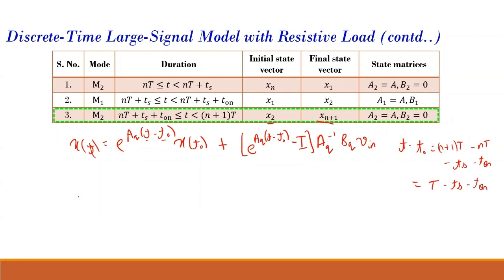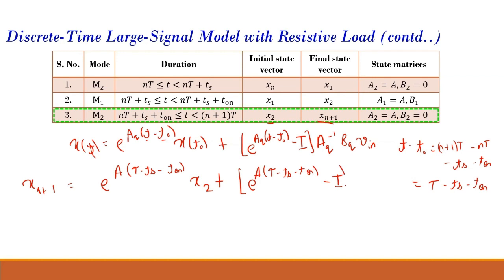So when I substitute the values, we get x of n plus 1 is equal to e raised to A into (t minus ts minus t_on) into x2 plus e raised to A (t minus ts minus t_on) minus I into A inverse B into v2.